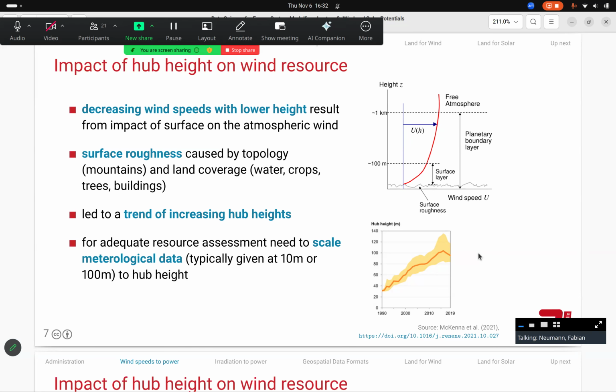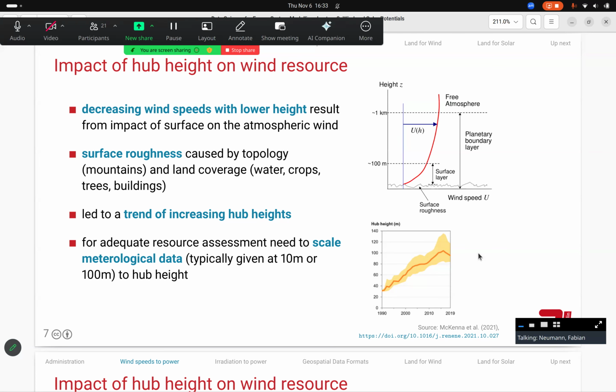And why is the wind speed lower closer to the ground than at 1,000 meters height? Well, you have some kind of braking effect from the terrain, and that is typically expressed through this term surface roughness. So it could be mountains that have very high roughness, very high braking effect on the wind speeds.